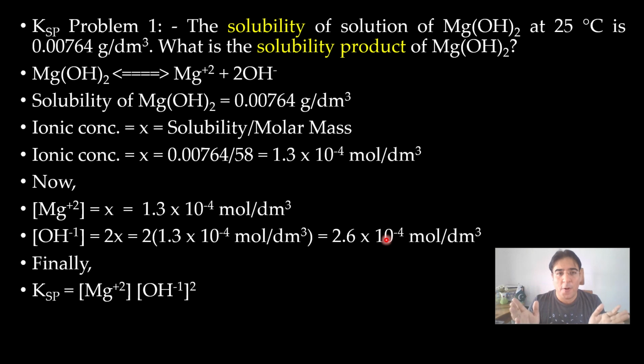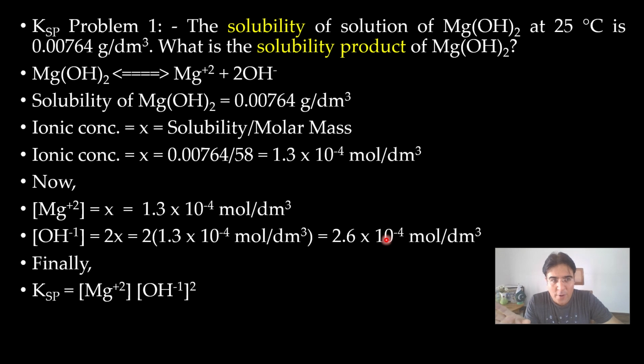So if any problem gives you solubility, you don't worry. Just divide the given solubility by the molar mass of that salt. And then look at the number of ions from the balanced equation. Let's suppose it was NaCl. In the case of NaCl, it will be Na plus and Cl minus, which means that X will be Na, X will be Cl.